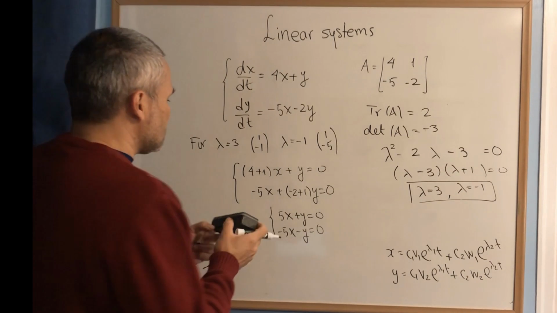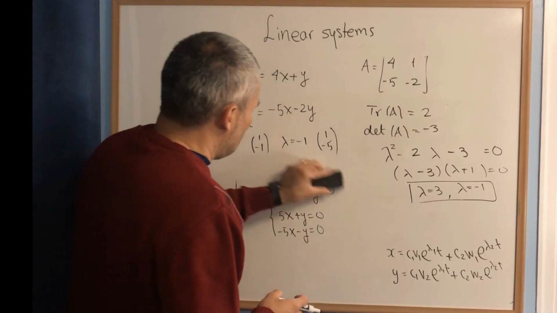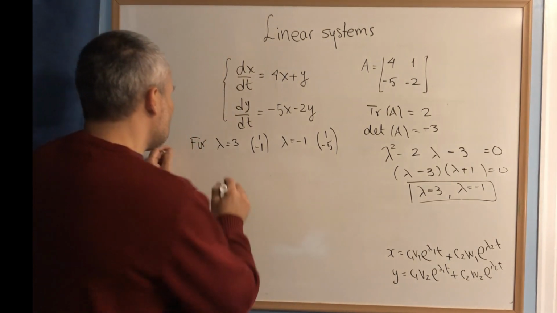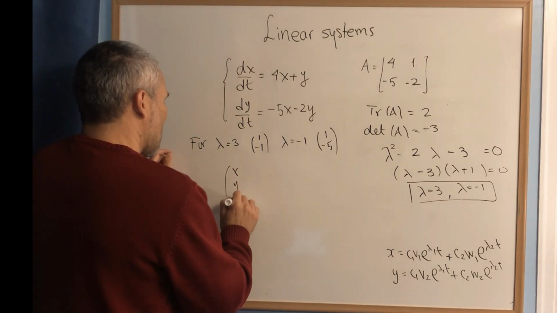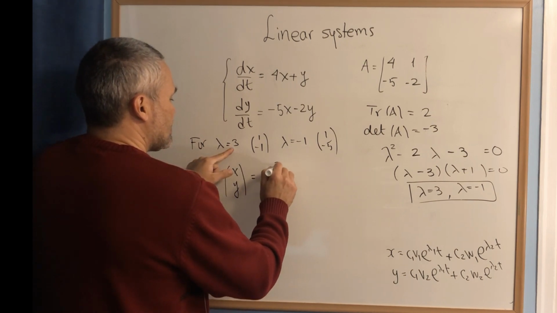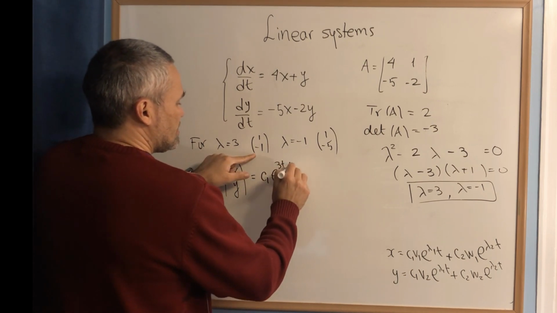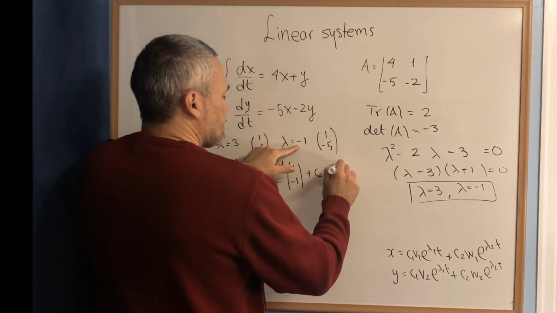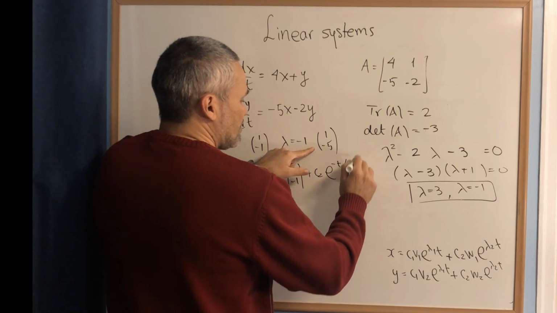Then the general solution is like this. x, y equal to c1 e to the 3t times this vector plus c2 e to the -t times this vector.